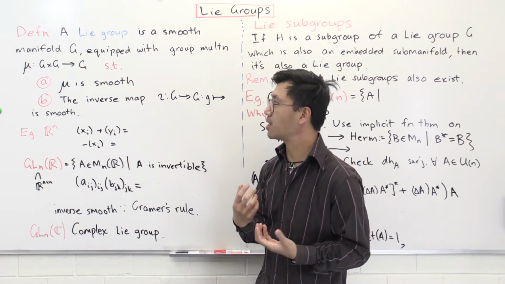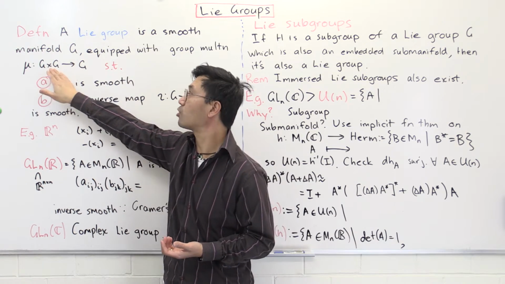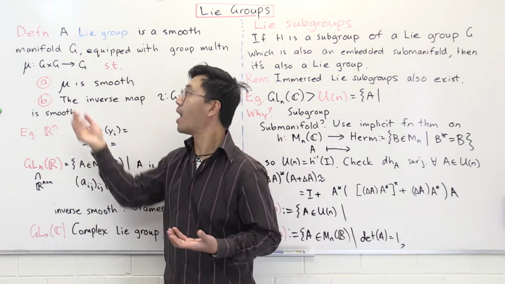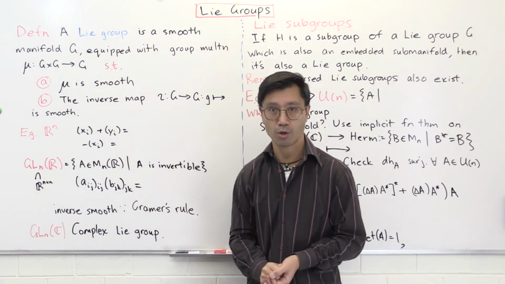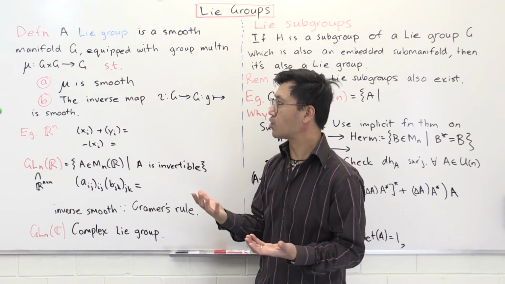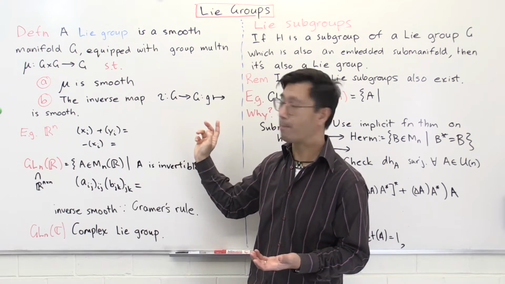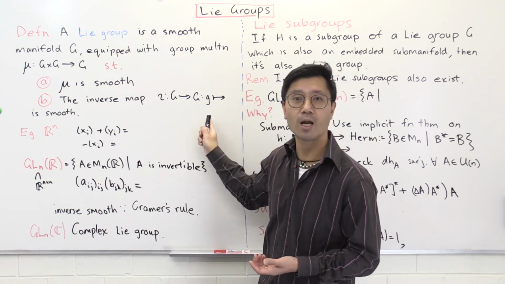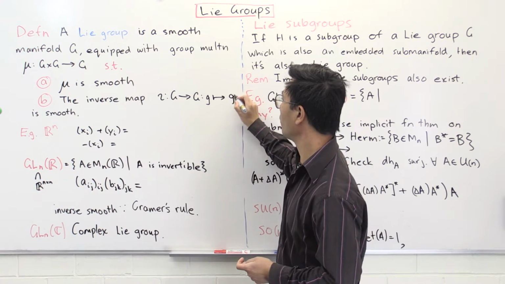So what does compatibility mean in this case? Well, firstly, you have this map mu from G cross G to G. Remember, G is a manifold, so G cross G is also a manifold, and you can ask if this is smooth. So the first thing you want is that this map is smooth. The other thing you have, since it's a group, is an inverse map from G to G. It sends every element, little g, inside this group G to its inverse.